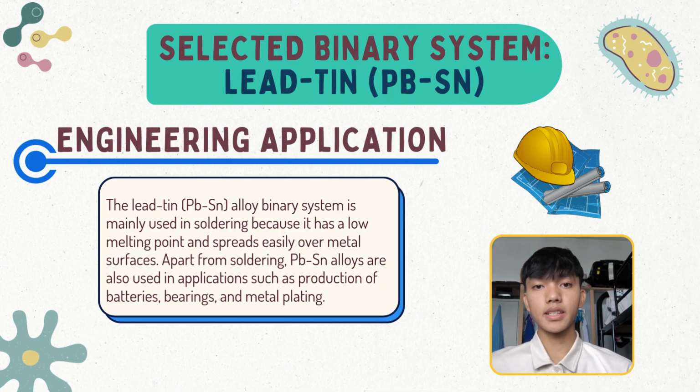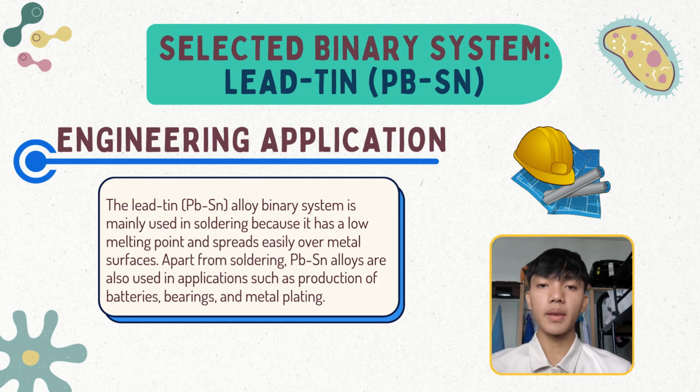The primary application of the Pb-Sn binary alloy system is soldering in electronic assemblies. The key advantages include a low melting point, which prevents damage to electronic components, excellent wetting ability, and strong metallurgical bonding. These properties ensure good electrical conductivity and mechanical integrity of solder joints.